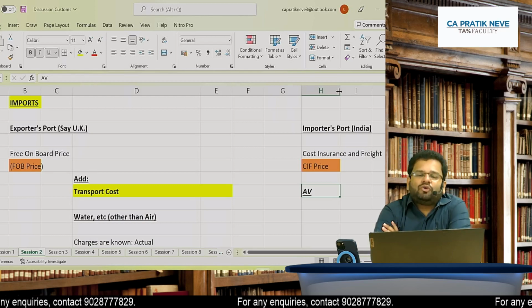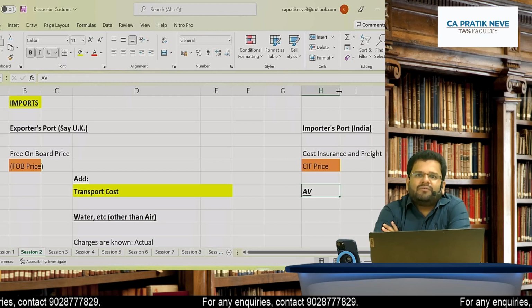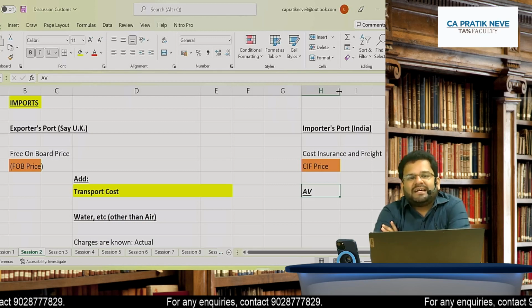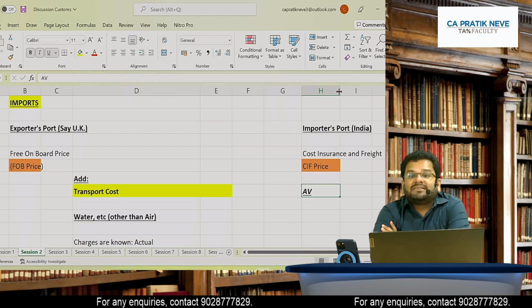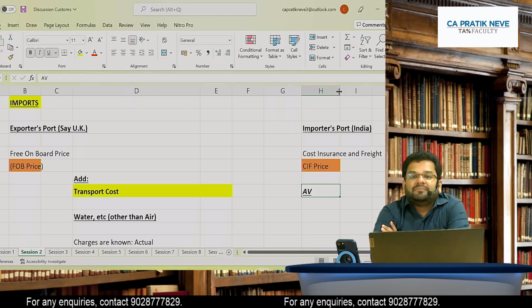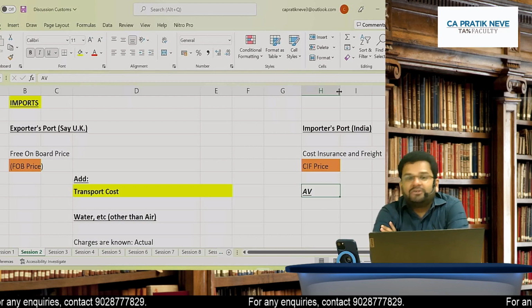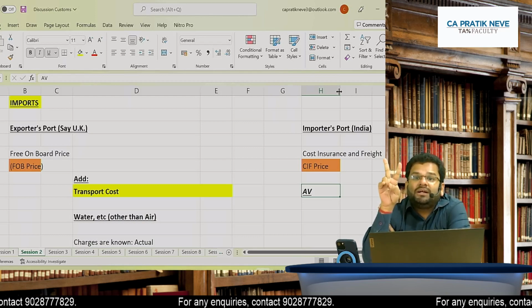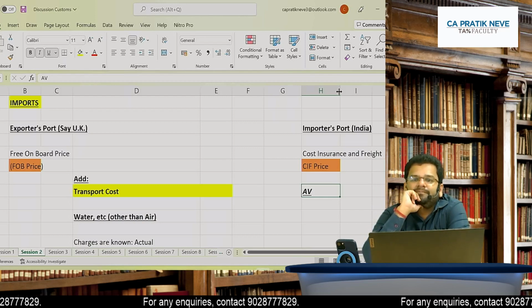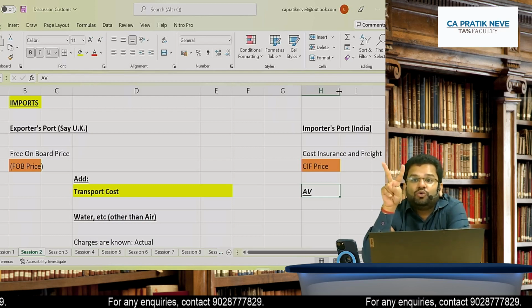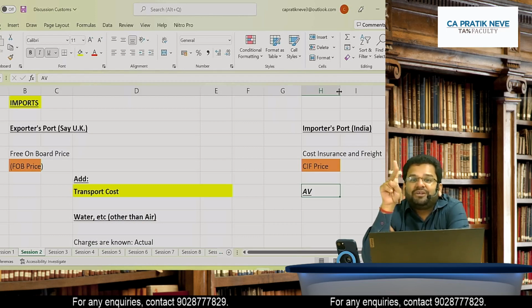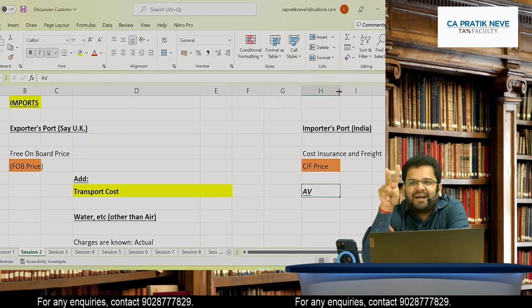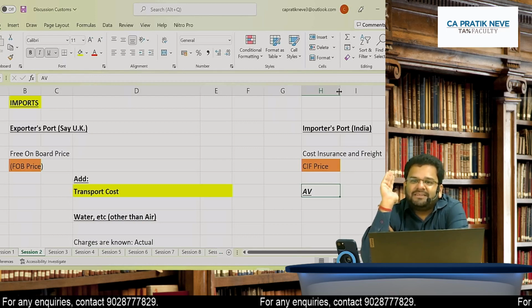Now friends, what you have to do is add transport cost and insurance. Can you recollect that transport? There are two possibilities: it could be known or it could be not known. If not known, straightforward, take 20% of FOB. If known, there are two possibilities: transport is through air, or transport is through any other means.